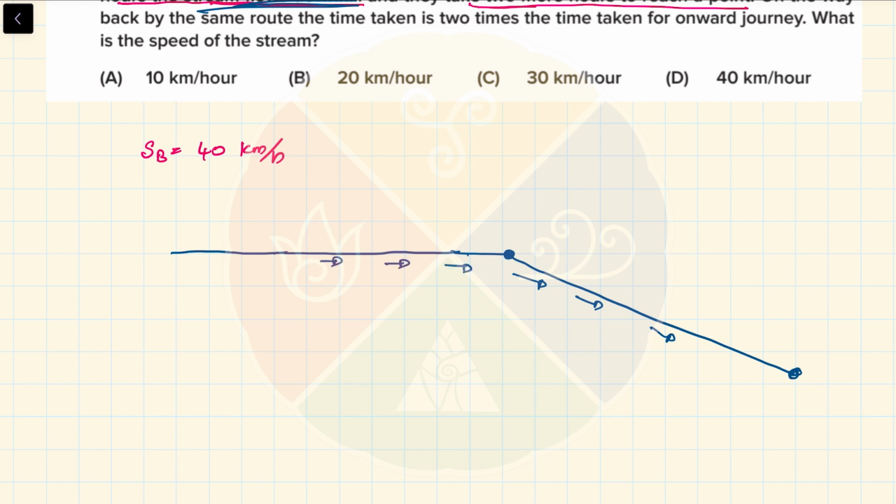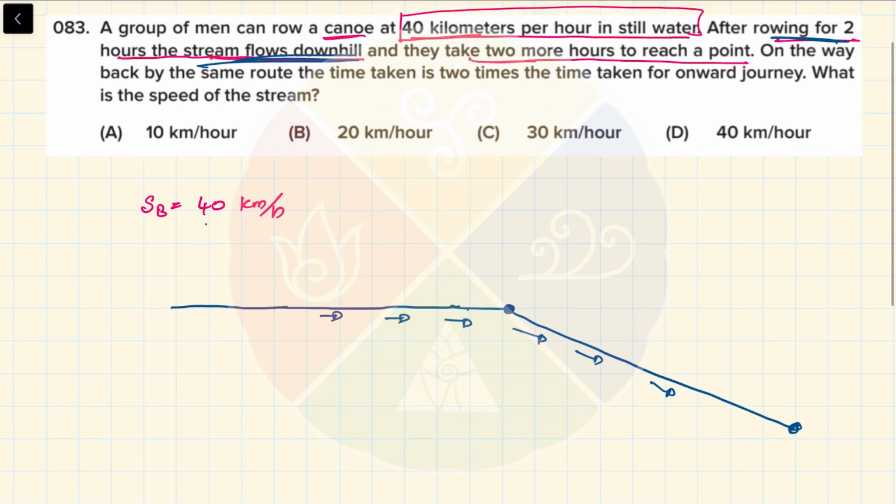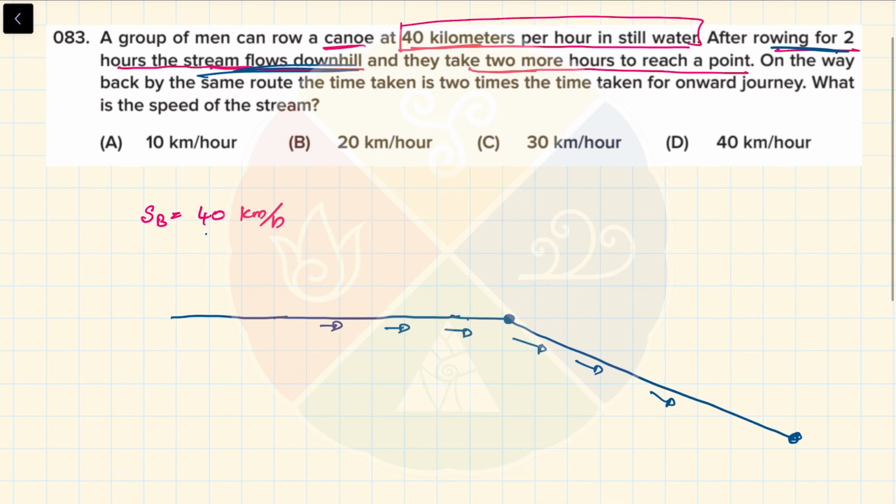But the speed is 40 kilometers, and 2 hours will make the distance 80 kilometers. That's a big distance, so the flow won't directly influence like this, and also this problem is not very ideal. So you have to take it literally.